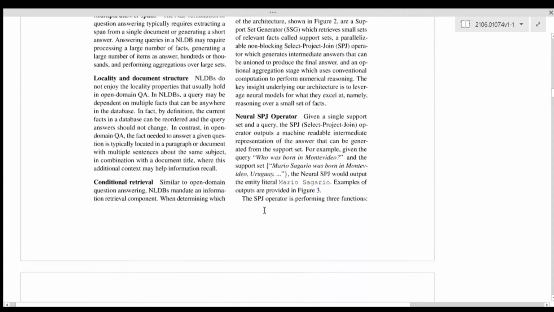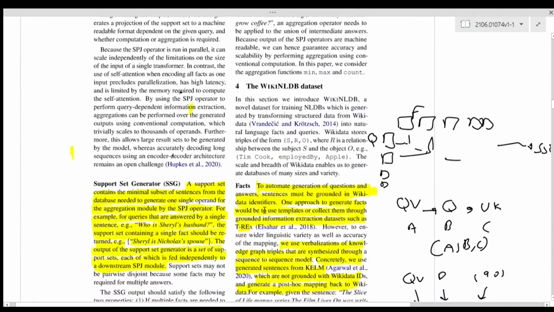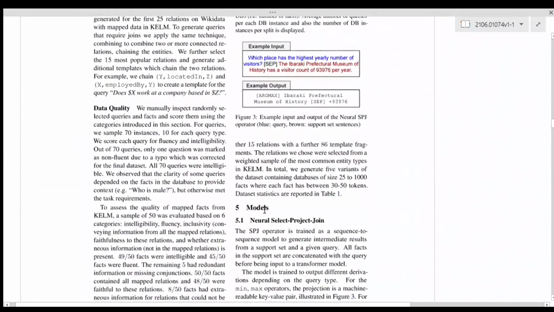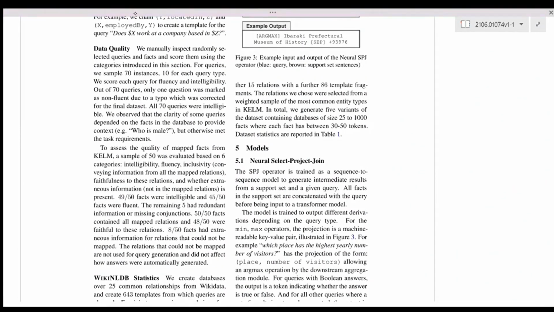Let's understand more about neural SPJ. The SPJ model is trained as a sequence-to-sequence model to generate the intermediate results from a support set and a given query. All facts in the support set are concatenated with the query before being input to a transformer model.